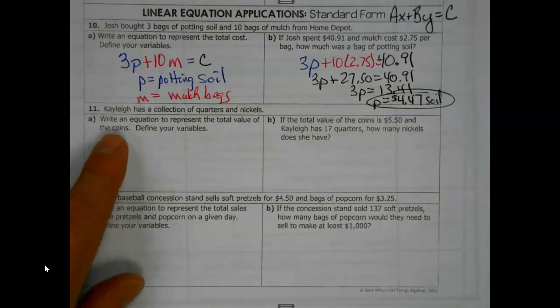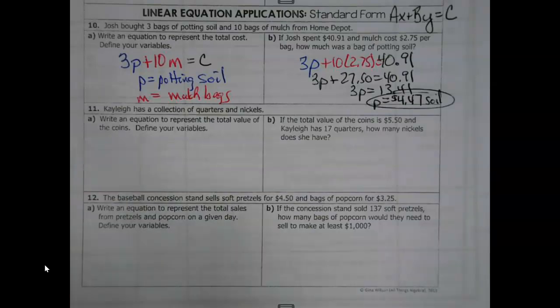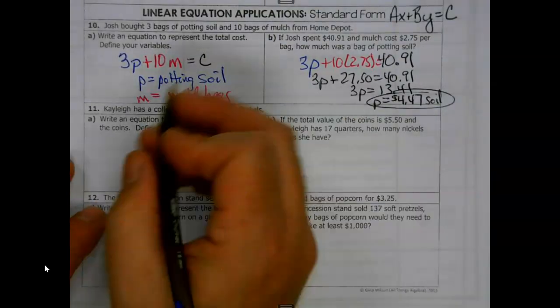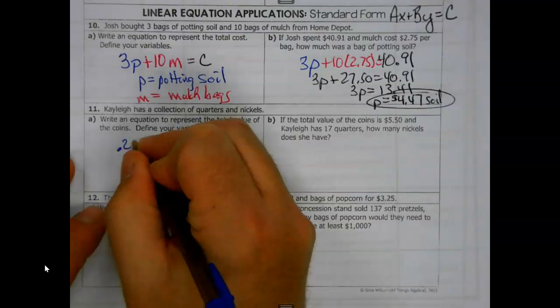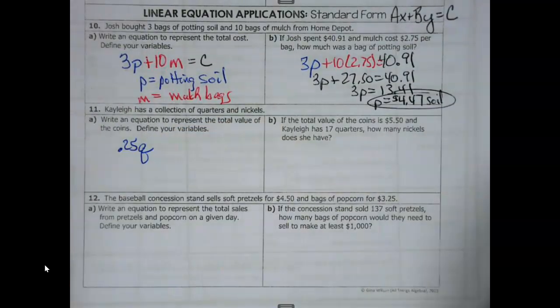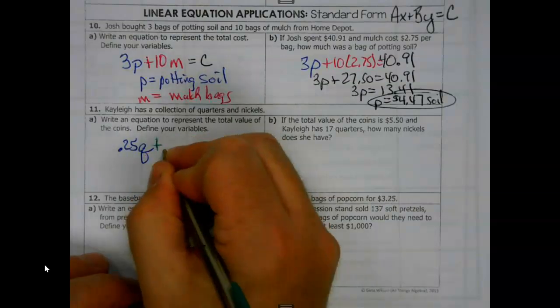All right, Kaylee has a collection of quarters and nickels. That's all they tell us. Okay, so how much is a quarter worth? So 0.25Q. And a nickel, 0.05N.